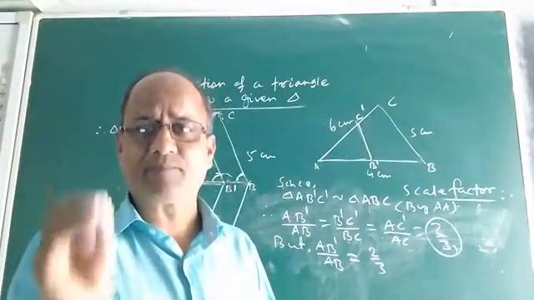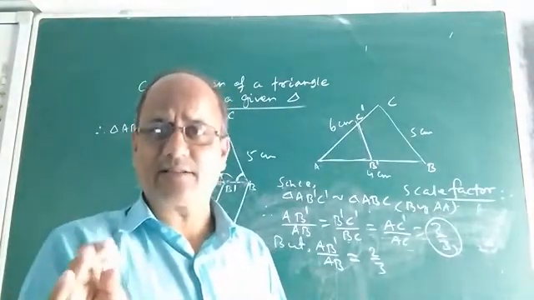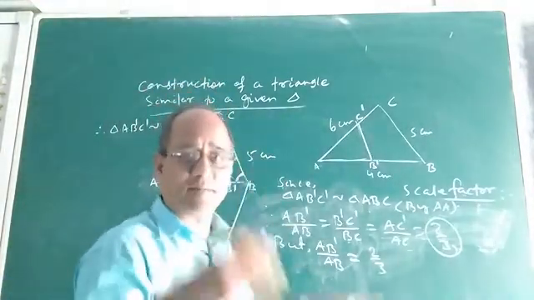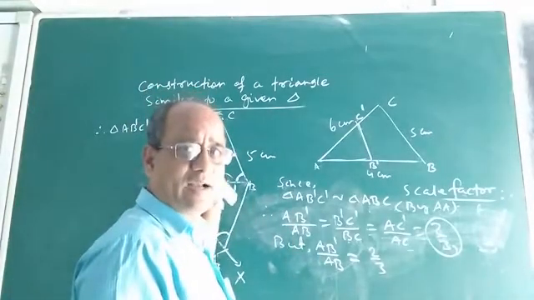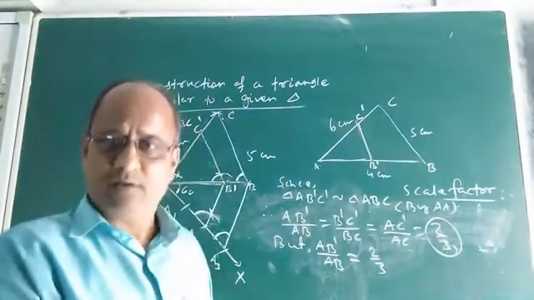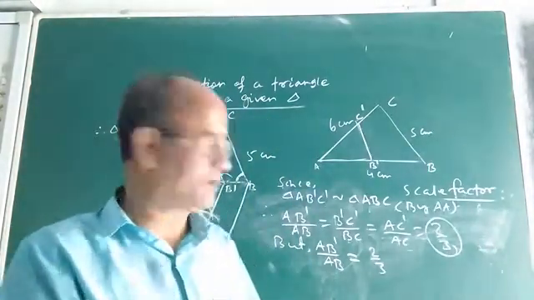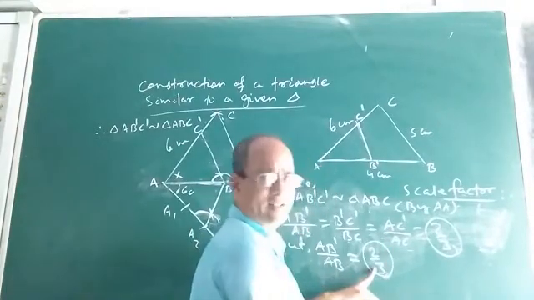Scale factor is nothing but the ratio of the corresponding sides of the triangle to be constructed, that means the triangle which we want to construct, with the original or given triangle. That ratio is known as your scale factor. And in this scale factor, the numerator is less than the denominator.